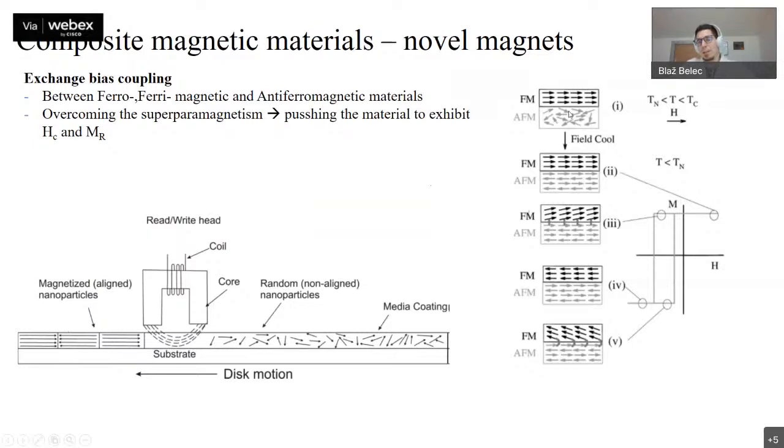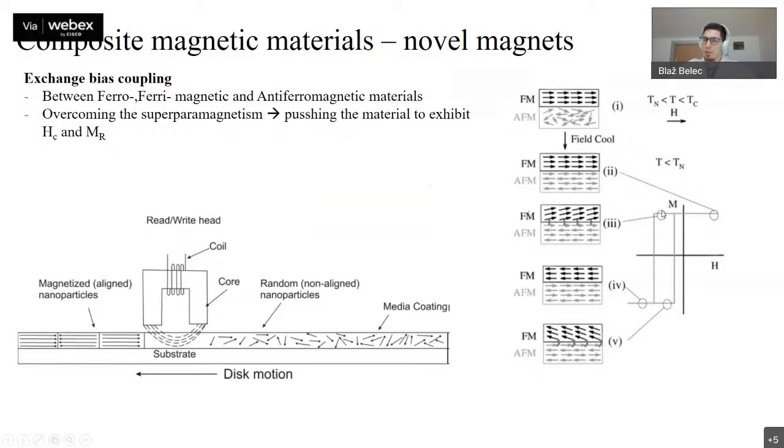In the antiferromagnetic, we don't have spontaneous magnetization, and the magnetic moment is zero. Then the material is saturated, so to the highest magnetization, and field cooled, so below the Néel temperature. And we get the orientation of the ferromagnetic and antiferromagnetic material.